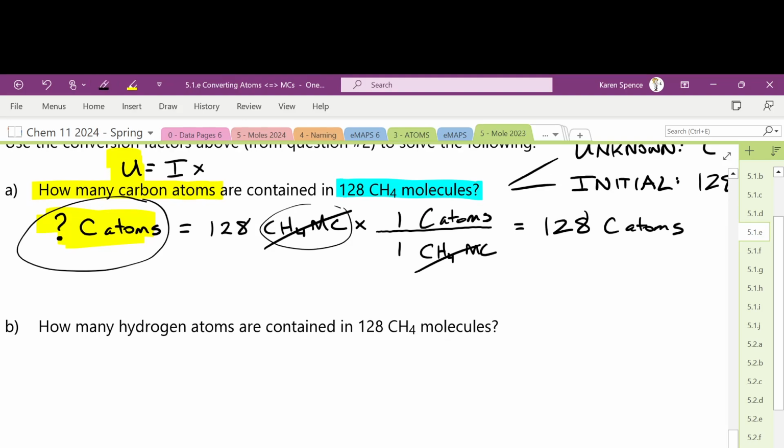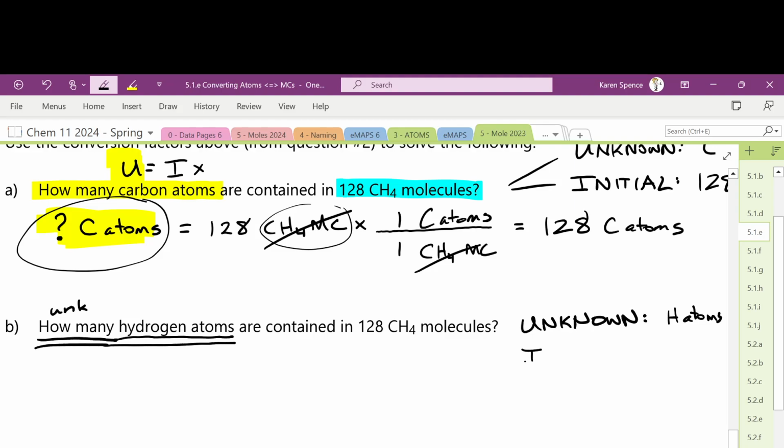Okay, so once again, in B, we want to discover who is our unknown. We look for our question word. How many? Right? That's our unknown. And how many is how many hydrogen atoms? So our unknown is the H atoms. Our initial is what is given in the question.